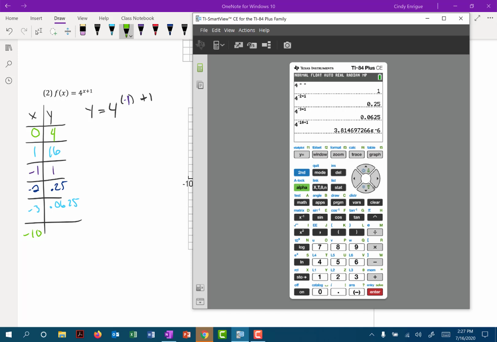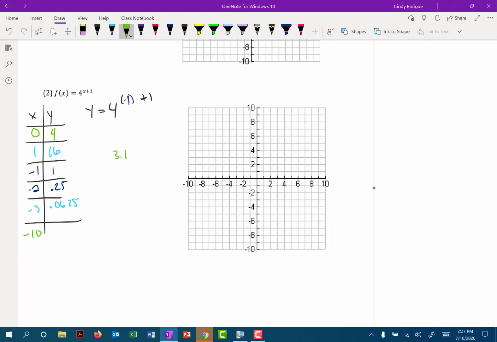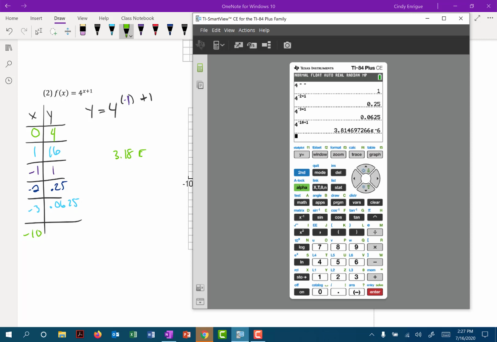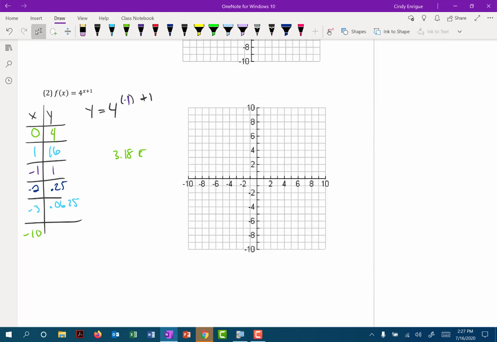So let me write this down actually. So if I have 3.18 and it says an e to the negative 6 power, this is really scientific notation, so it's 3.18 times 10 to the negative 6. So that means I'm going to move my decimal over 6 times. 1, 2, 3, 4, 5, 6.